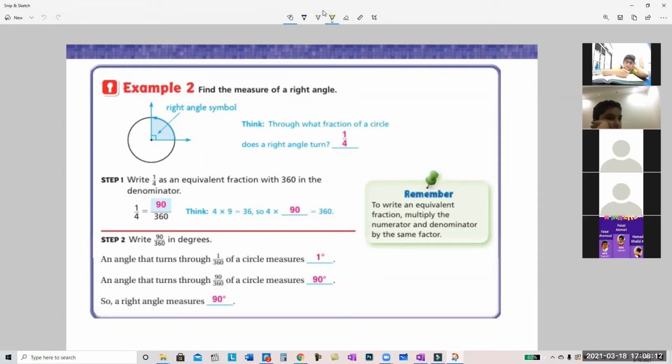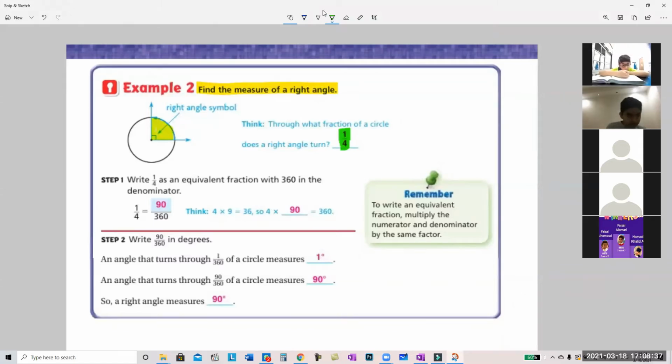Fahd, let's find the measure of a right angle. How can we find the measure of a right angle? Okay, wait. Firstly, can you tell me what fraction represents this shaded part? It's 1/4. Yeah, excellent. It's a quarter, right? As we learned before in the previous lesson.